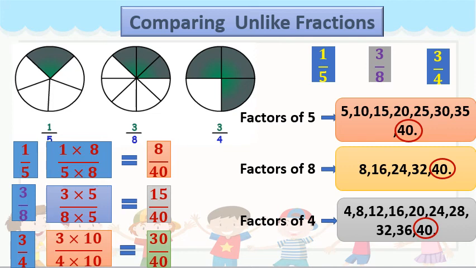Now students, you know, greater the numerator, greater the fraction, isn't it? So 1 upon 5 is less than 3 upon 8 and 3 upon 8 is less than 3 upon 4. Got this? Like this you have to compare by converting to equivalent fractions.